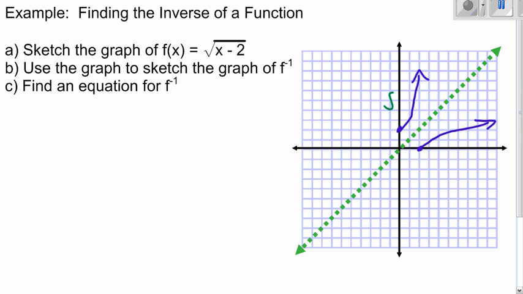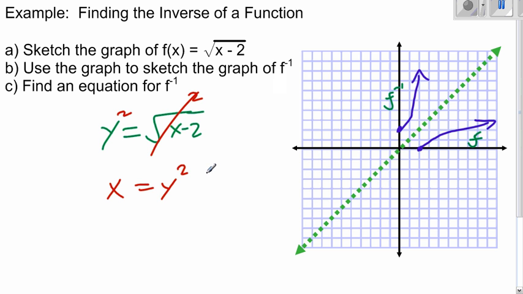And finally, to find the equation, we're going to go through those steps we just did a little bit ago. Replace f of x with y. And then solve for x, square both sides, and then add 2. Now you'll notice this isn't the complete parabola.